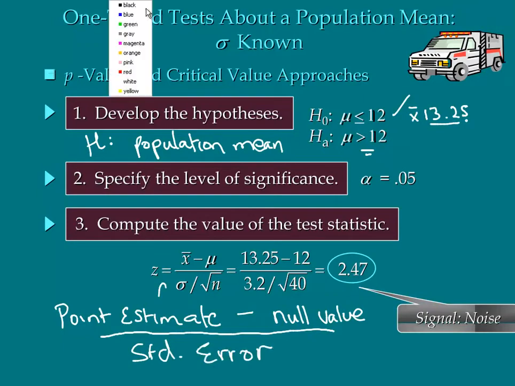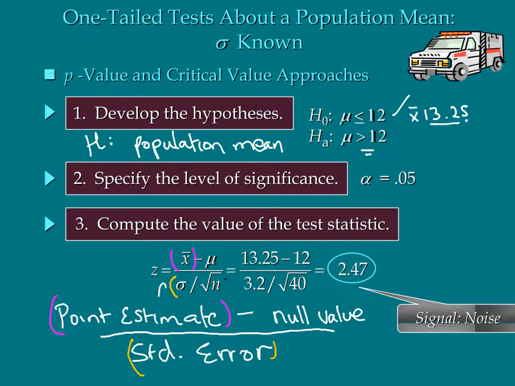Let's see what this is. The point estimate here is the sample mean. The standard error here is the standard deviation divided by the square root of the sample size, sigma divided by the square root of n.